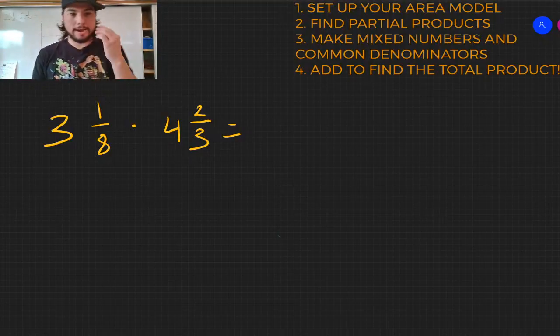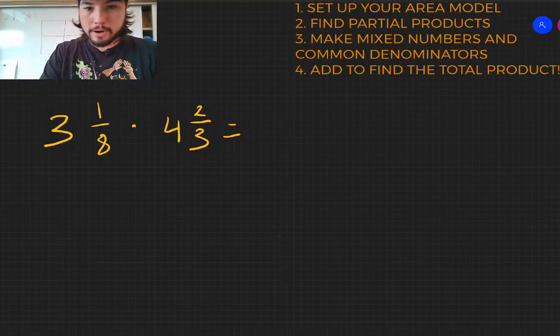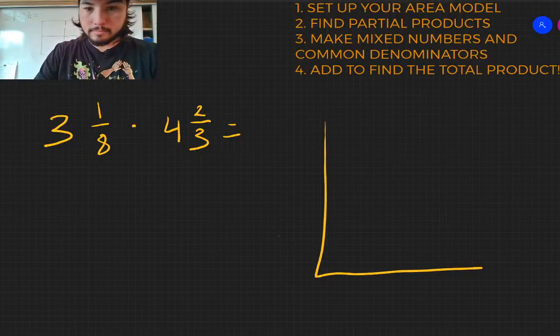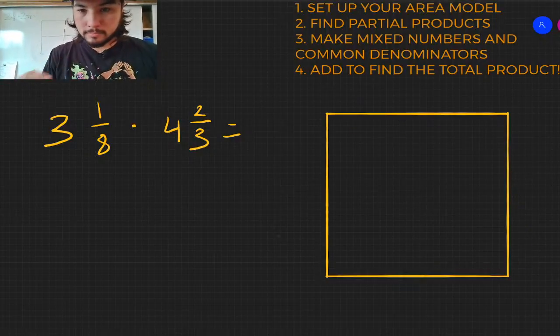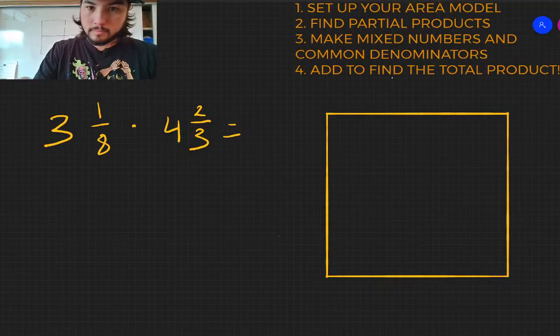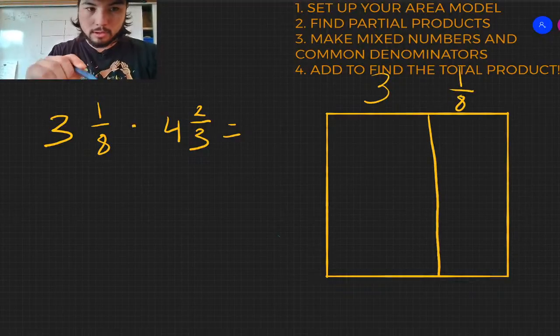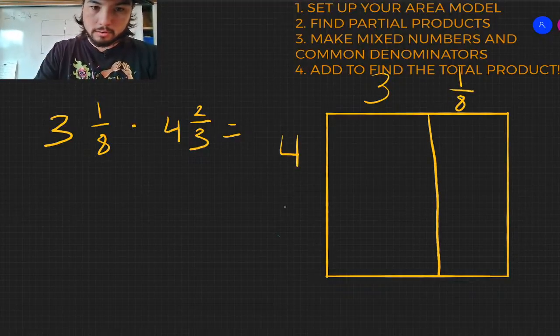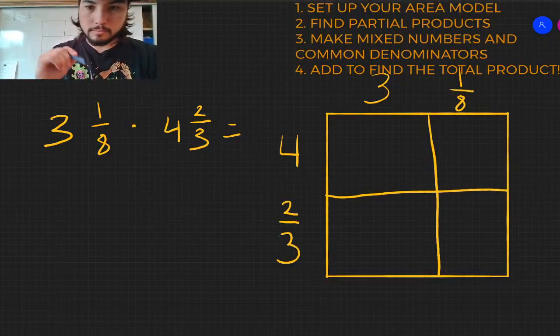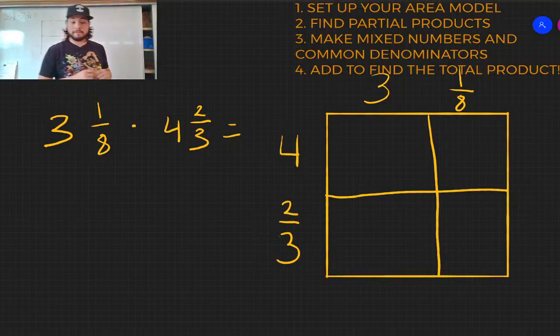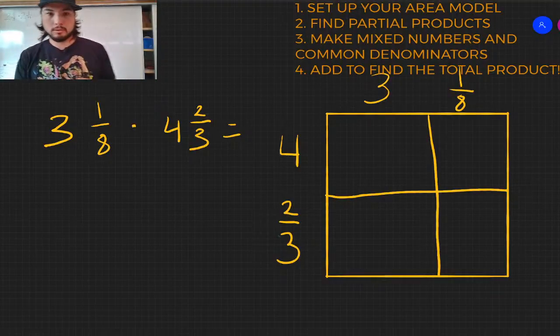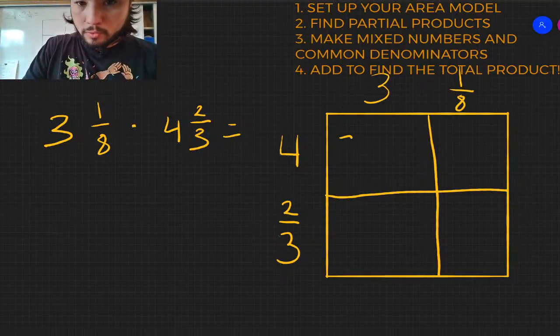So let's give it a try here, starting by setting up our area model. We have 3 1/8, and we have 4 2/3. So now let's find our 4 partial products. This would be 3 times 4.